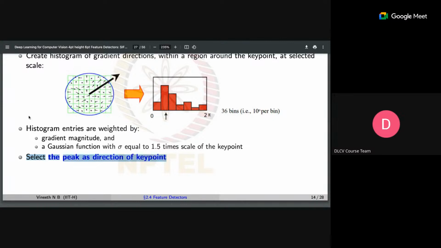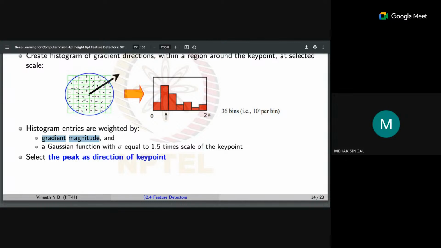So the way you calculate the histogram is that it is weighted by the gradient magnitude and a Gaussian function with sigma equal to 1.5 times the scale of the key point. In the first step you had the scale, the K value, that you use in the second step for the differences of Gaussians.